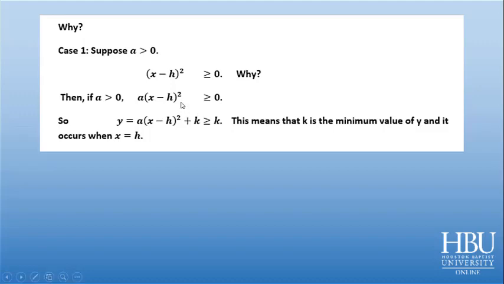Finally, let's add k to both sides of this inequality. a times (x minus h) squared plus k is going to be greater than or equal to 0 plus k, which is k. The a times (x minus h) squared plus k is your y, or your f(x).